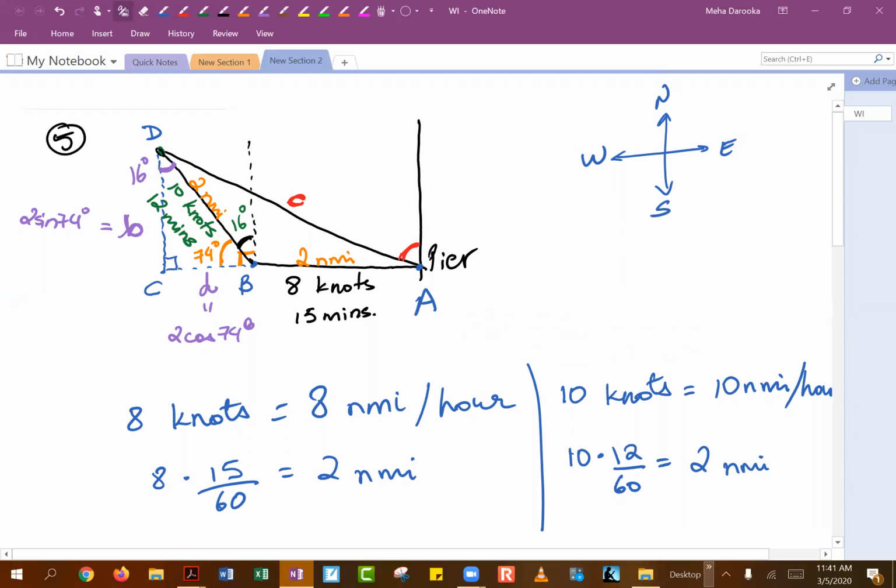We also have this distance, which is 2 times sine of 74. Now ignore this middle part. You're looking at this bigger triangle, ACD. With respect to angle A, this is our adjacent side, this is the opposite side, and since this is your 90 degree angle, this is our hypotenuse. Since I know opposite and adjacent, that's a tangent function, isn't it? So that's why we're using tangent.